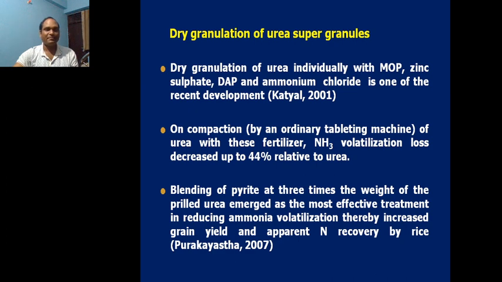On compaction by an ordinary tableting machine of urea with these fertilizers, ammonia volatilization loss decreases up to 44% relative to urea. Blending of pyrite at 3 times the weight of the prilled urea emerged as the most effective treatment in reducing ammonia volatilizations, thereby increasing grain yield and apparent nitrogen recovery in rice.